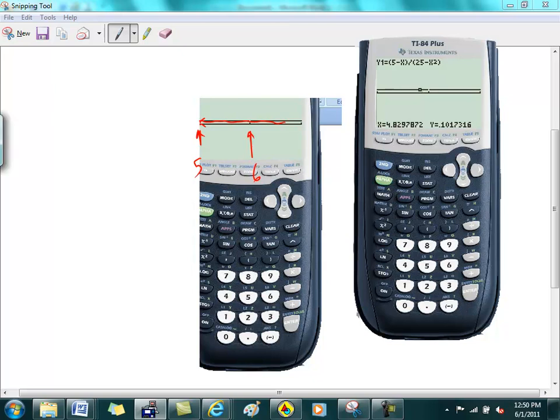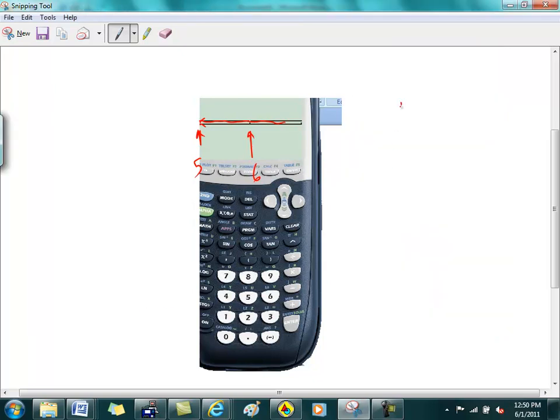If you don't have an 84, then thou shalt use an XY table. You'll have a 5 here. And then you'll have 5.001, 5.01, 5.1.